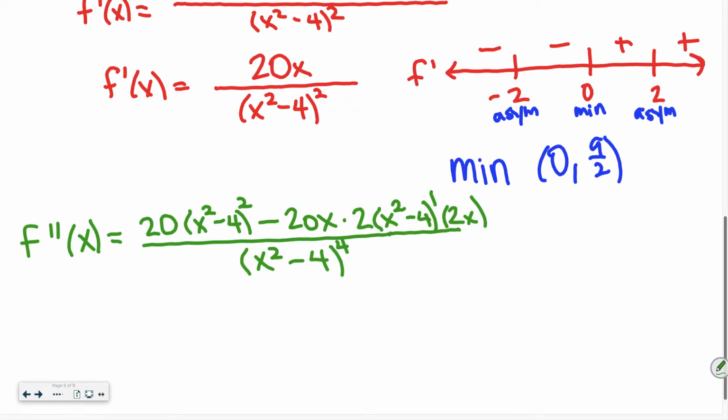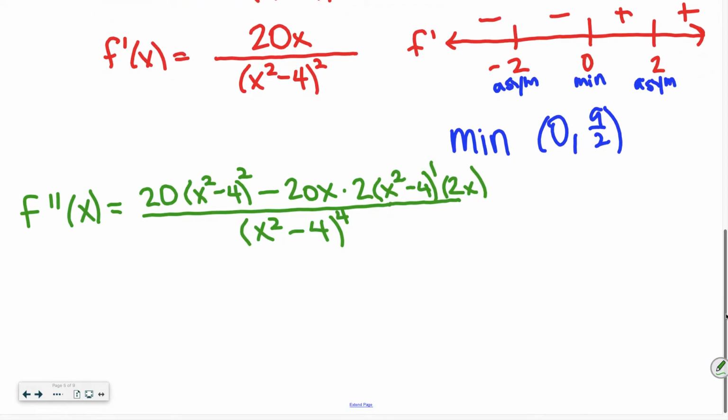Now, Jesse, this is what you were trying to look at, right? When you do the second derivative of a quotient rule, you need to look for this. In the numerator, do you see something in common? I see an x squared minus 4 to the first power.